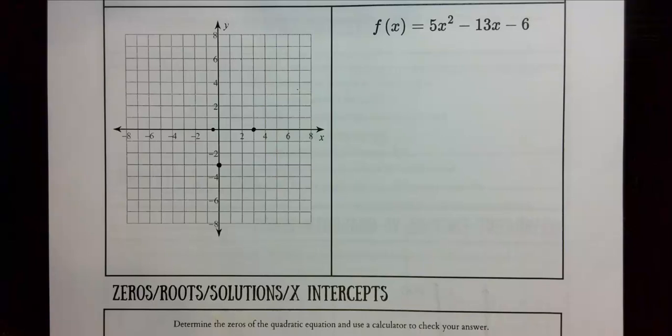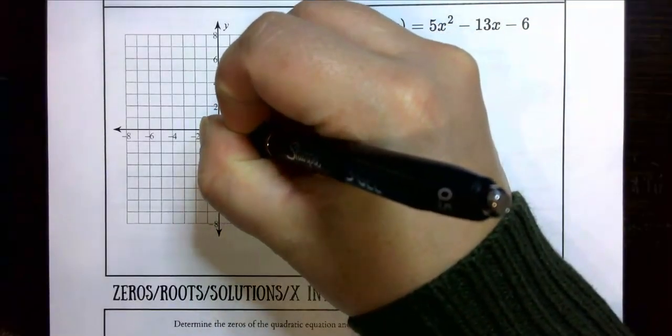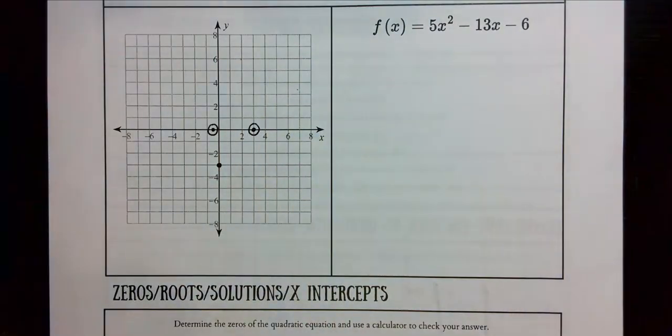So Desmos is a very user-friendly graphing calculator that allows you to look for exactly what you're looking for, like in this case, x-intercepts. So I went ahead and added our points here. I'm just going to remind you that we're just using this graph to verify our answers when we solve this.